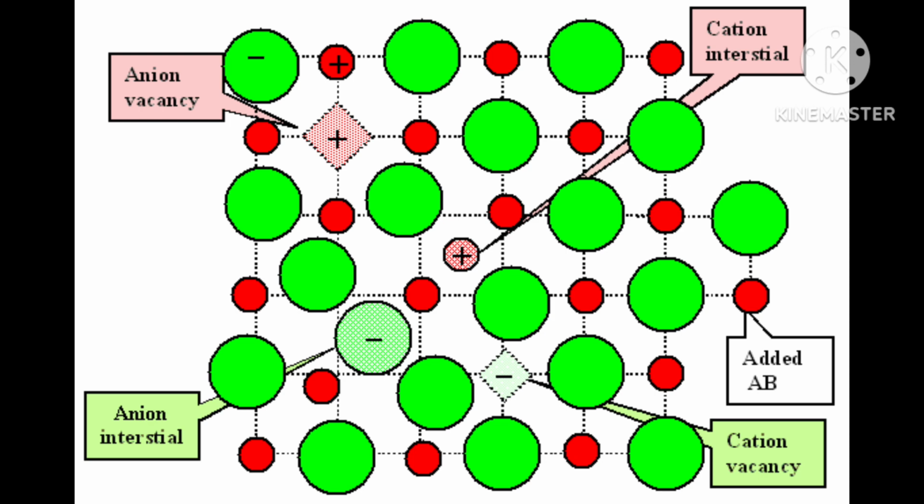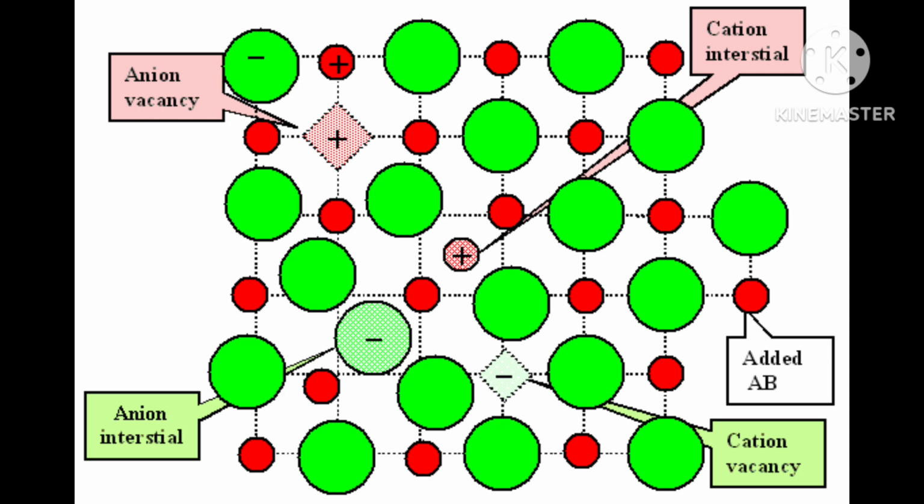Means between the atoms, some other atom will come which is not its place. Simply between two atoms or two molecules, another atom or molecule will come without its place.